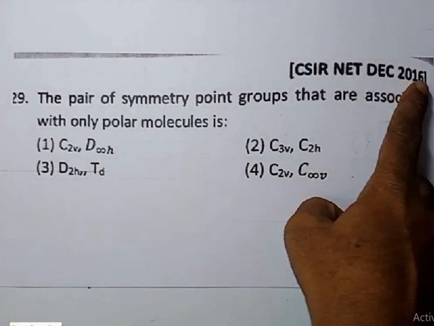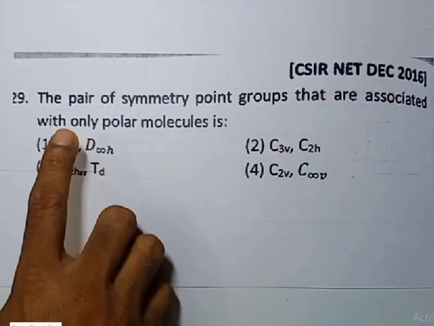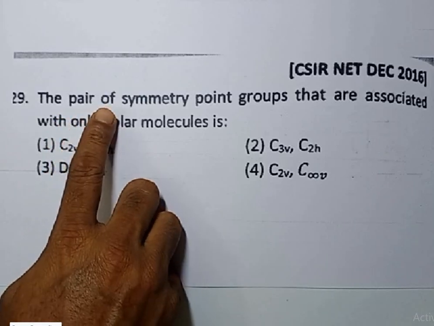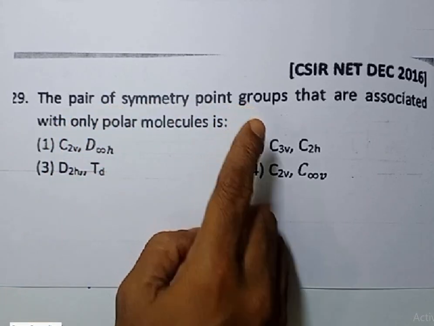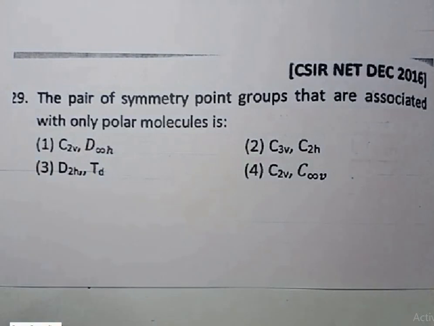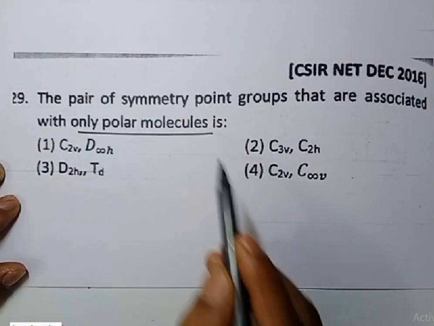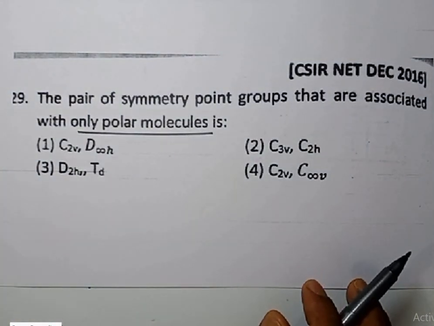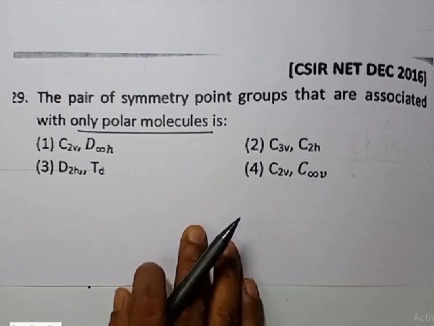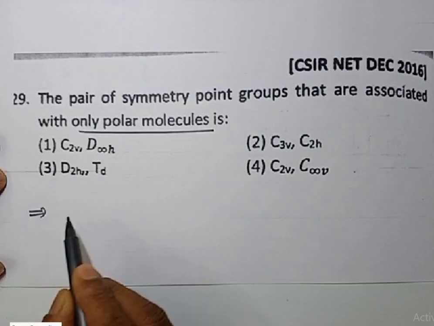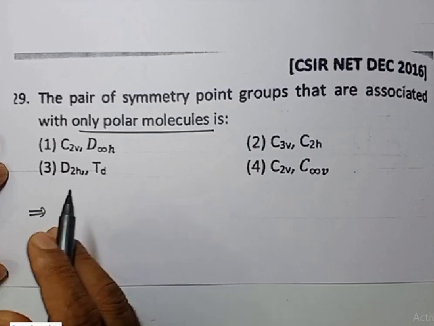This question appeared in 2016 December. The question is this: the pair of symmetry point groups that are associated with only polar molecules. So which are all the point groups that belong to polar molecules?